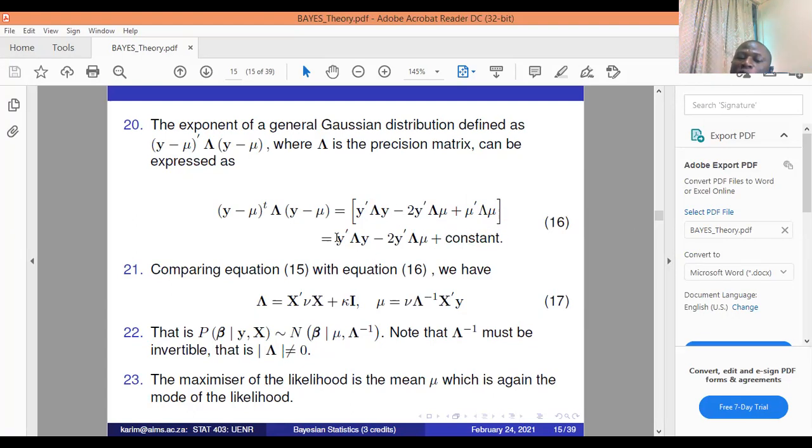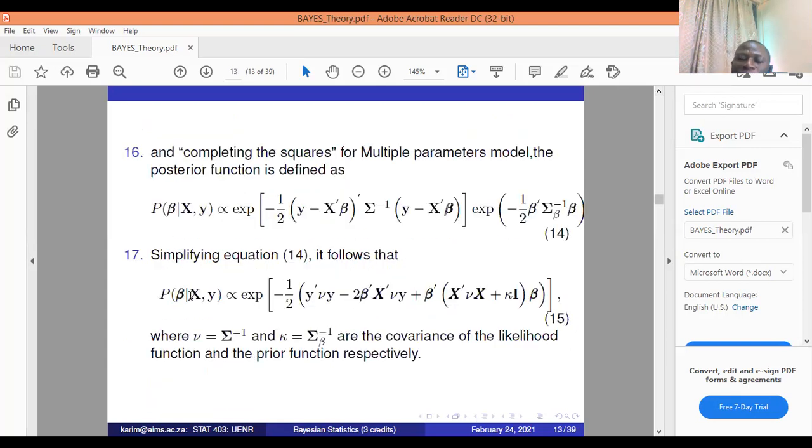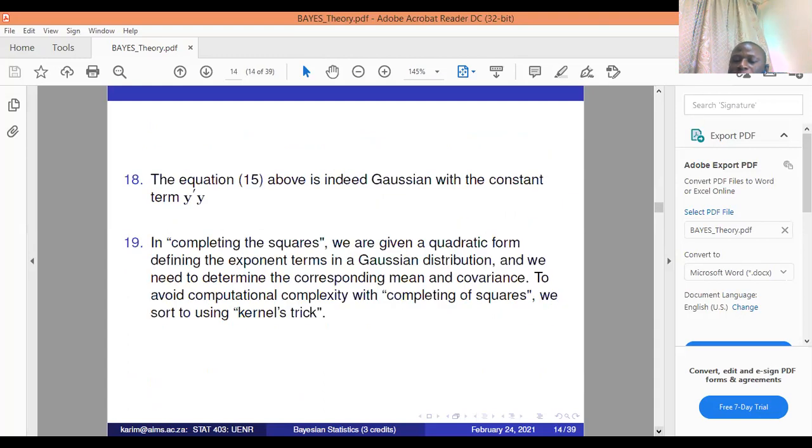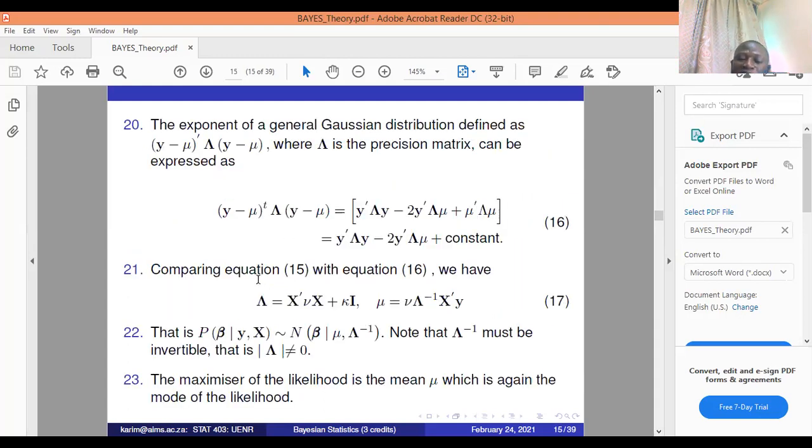Now compare what we have here with what we have here and see how you are going to find your mean and your variance. Now let's go down. Look at the precision. Here, y is acting like our beta. Now compare this with where we have beta prime and then the beta.